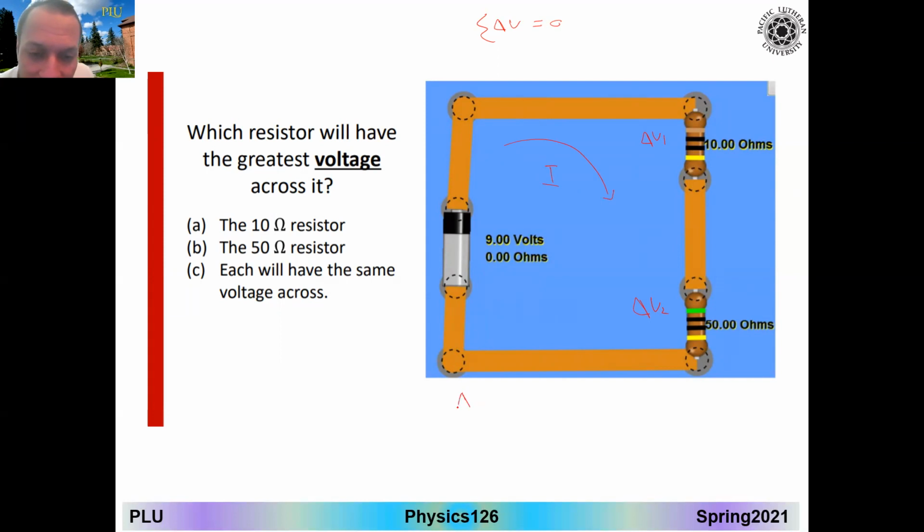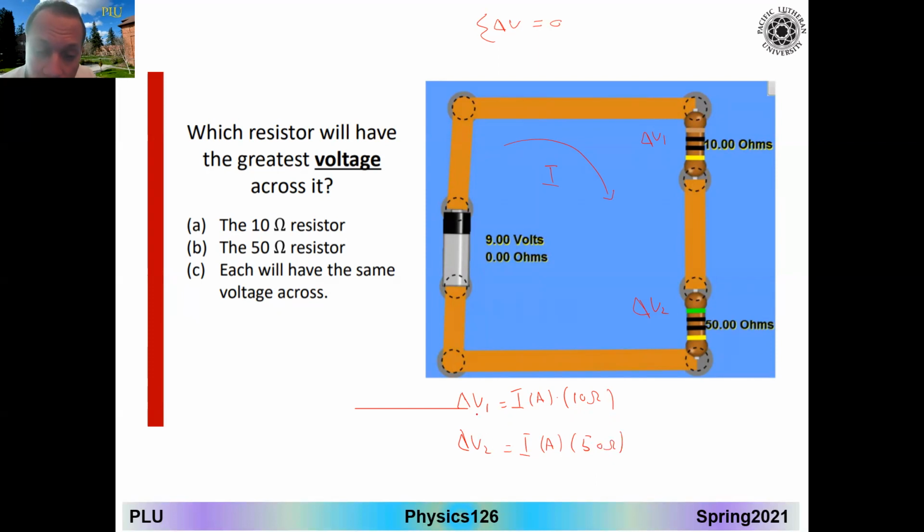Delta V1 equals the current I in amps times the resistor of 10 ohms. Delta V2, the current has the same value in amps, times 50 ohms.